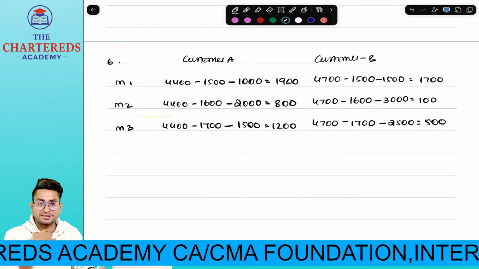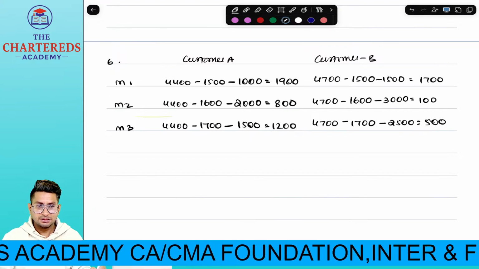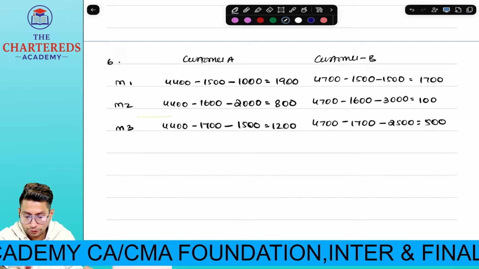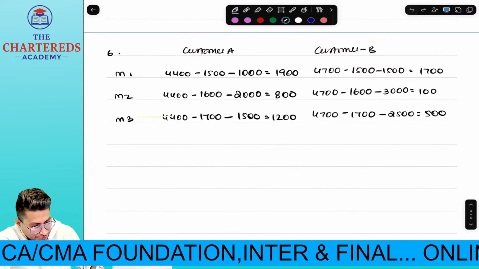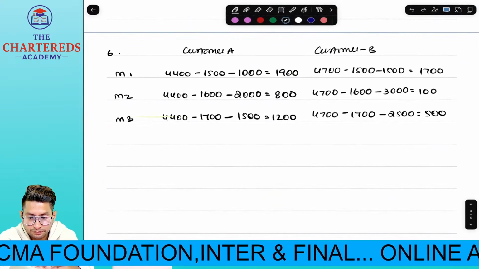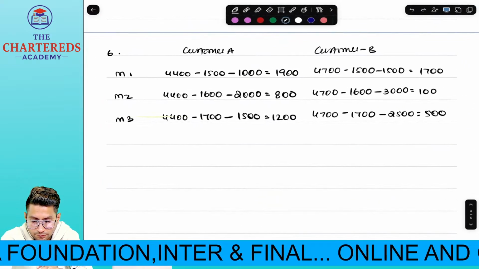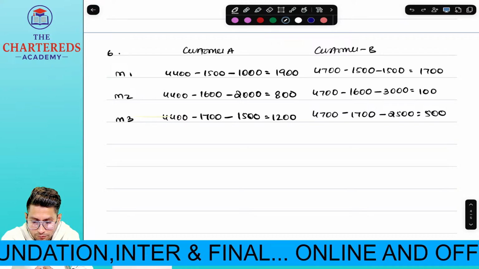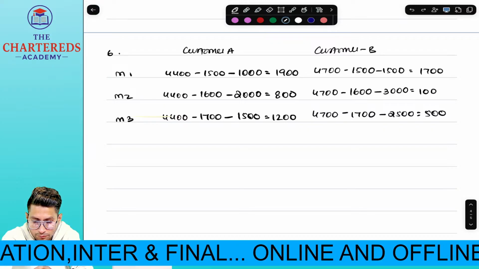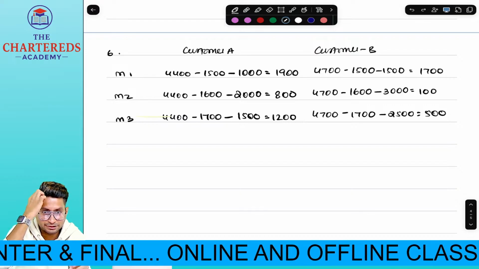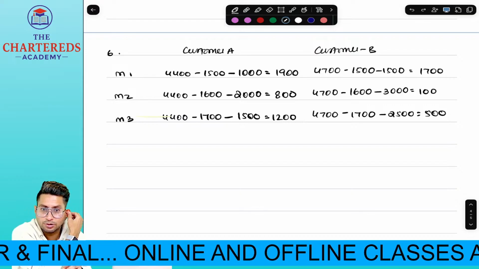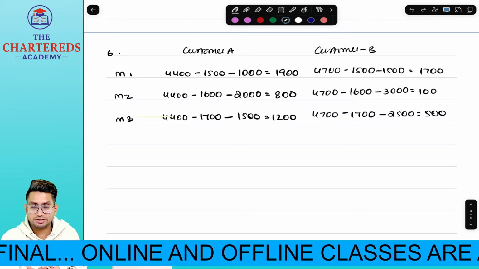So this is maximization problem or minimization? Maximization. Now we have to first convert. Acha, on top of that, check whether it is balanced or unbalanced. Unbalanced, right? Why? Because demand is not equal to supply. So it is unbalanced also.